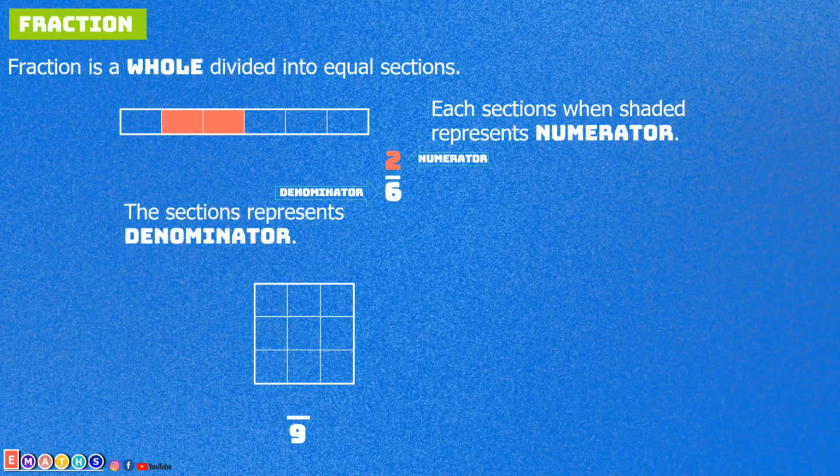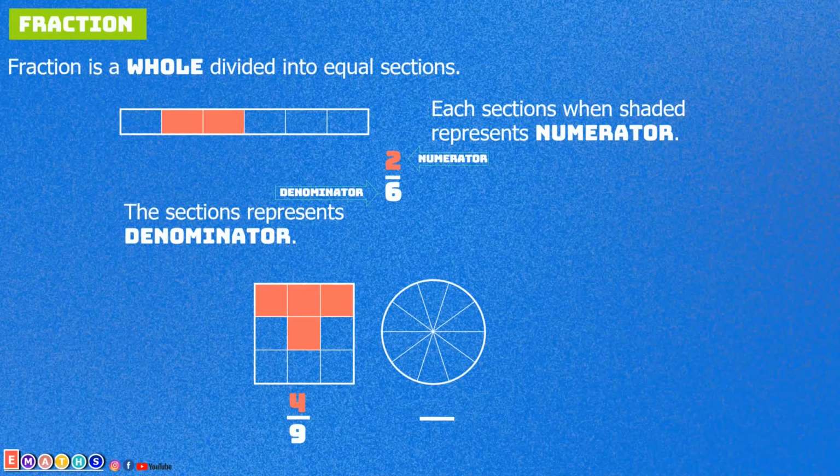One whole divided into 9 equal sections. Only 4 sections are shaded out of the 9 equal sections. One whole divided into 10 equal sections.